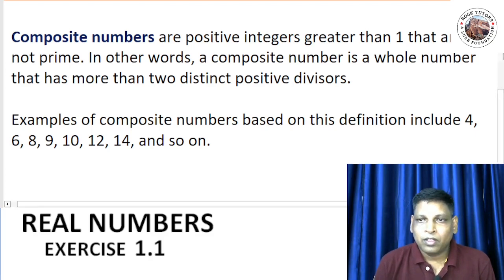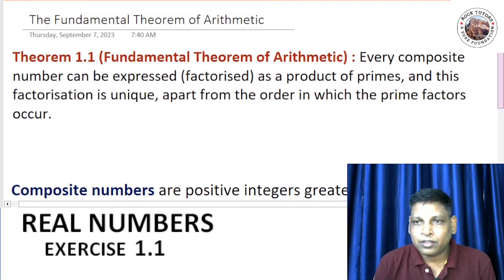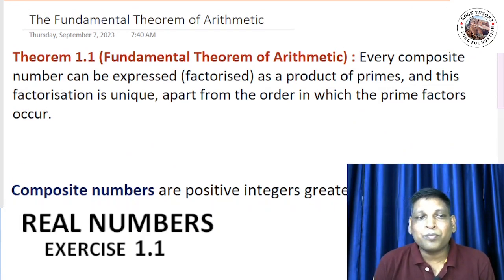The theorem says that every composite number can be expressed, factorized, as a product of primes, and this factorization is unique apart from the order in which the prime factors occur.